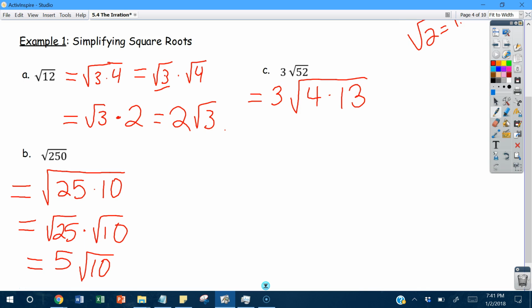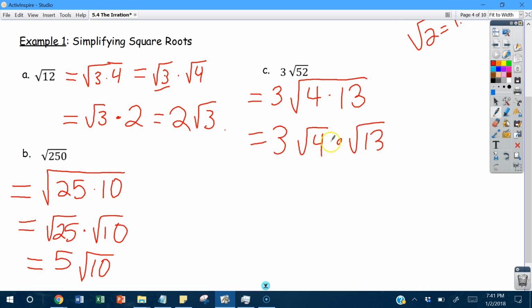So in any of these, when you're asked to simplify, look for factors that are perfect squares, and that's really the only way it's going to get nice. So here we have the 4, and now we can break up the radicals. This 3 is just going to live on the outside. It's going to be times the square root of 4 times the square root of 13.